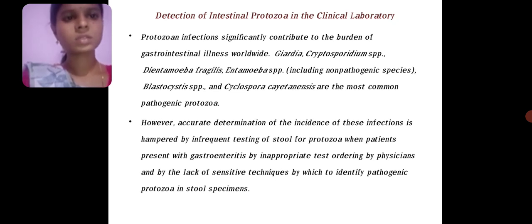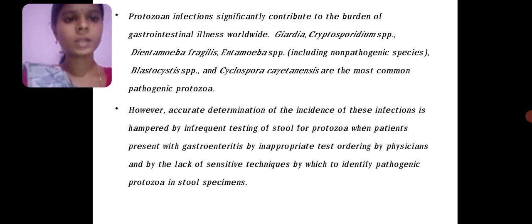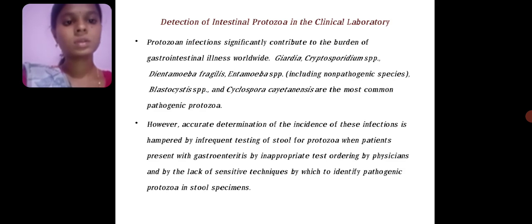Protozoa infections significantly contribute to the burden of gastrointestinal illness worldwide. However, accurate determination of the incidence of infections is difficult, with frequent testing of stool for protozoa in patients who present with gastrointestinal symptoms, and by less sensitive techniques which identify pathogenic protozoa in stool specimens.